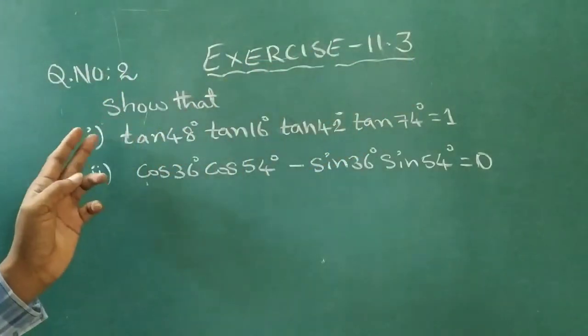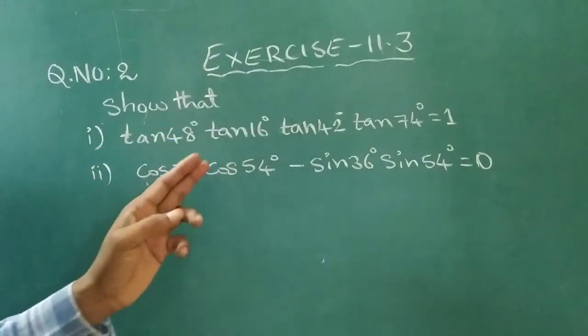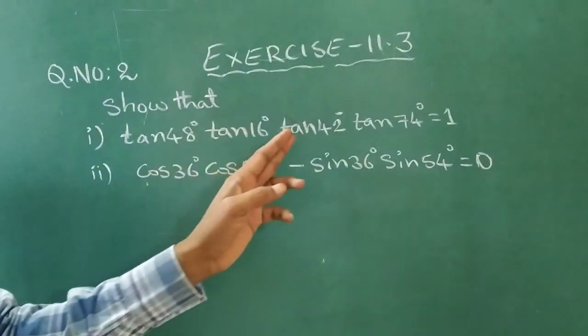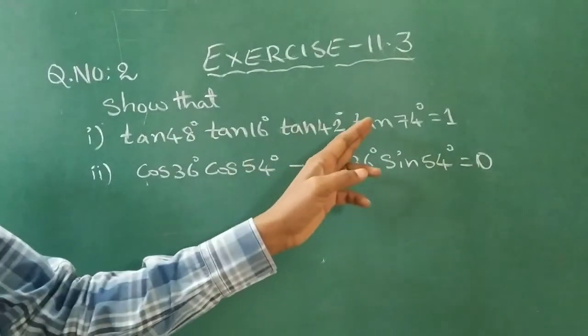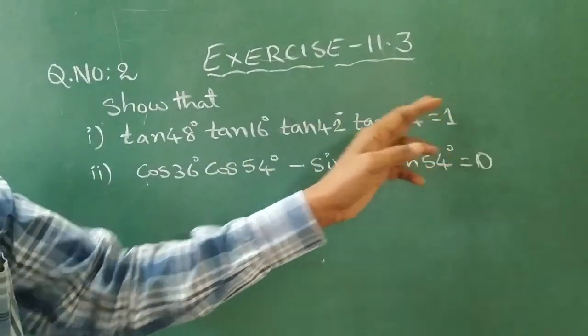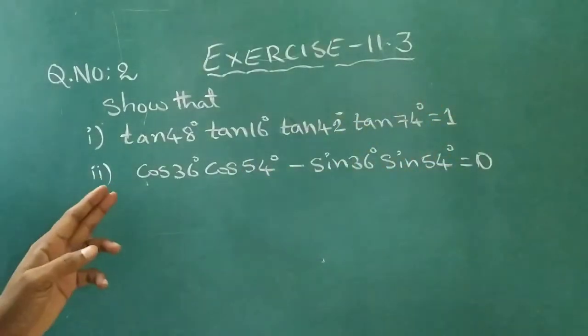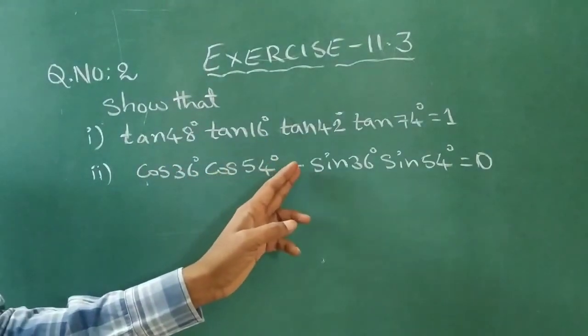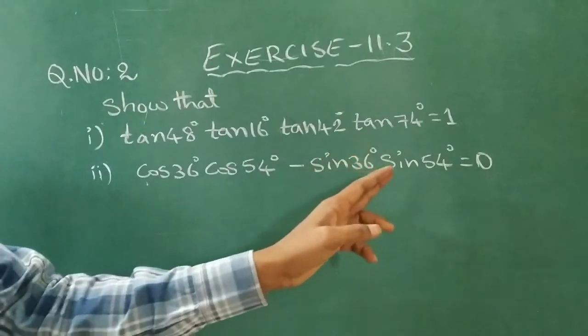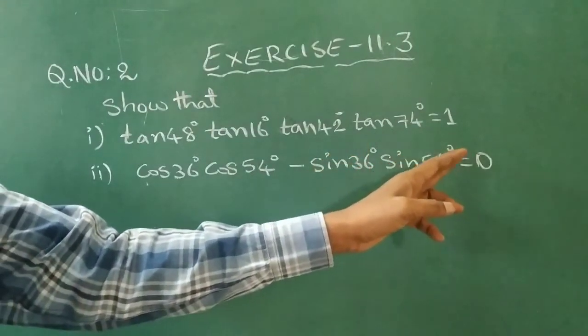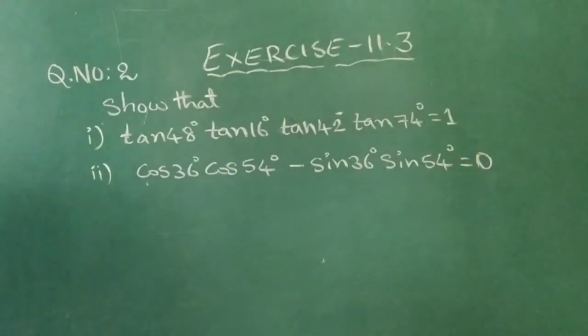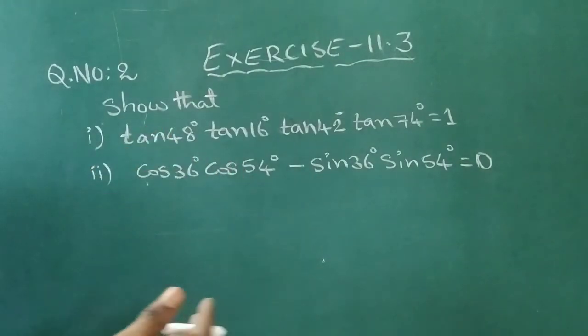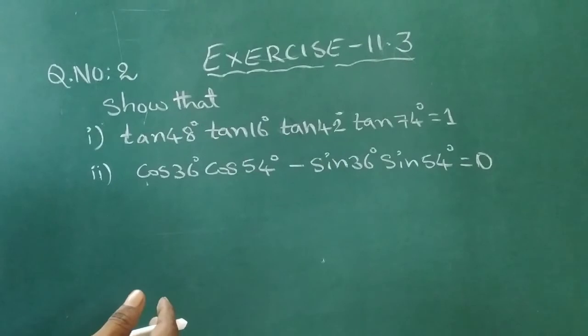Show that first one, tan 48 degrees tan 16 degrees tan 42 degrees tan 74 degrees equal to 1. Second one, cos 36 degrees cos 54 degrees minus sin 36 degrees sin 54 degrees equal to 0. So here we need to take LHS and we need to show RHS.